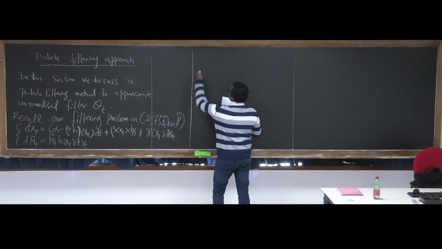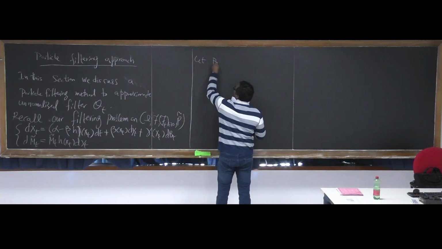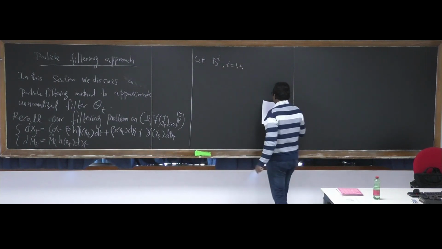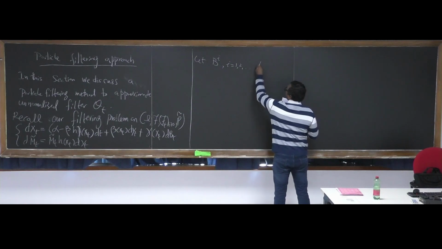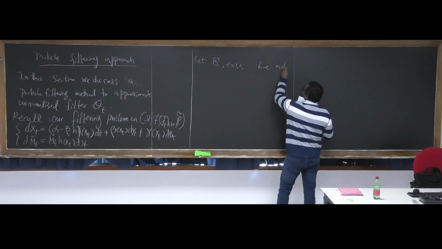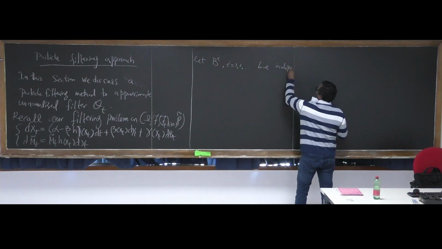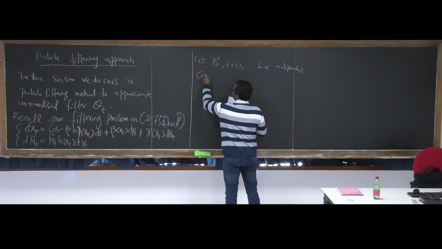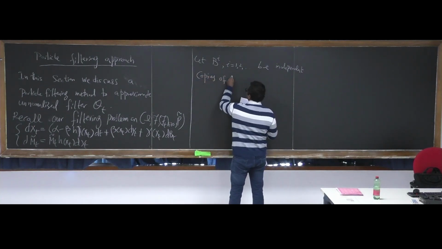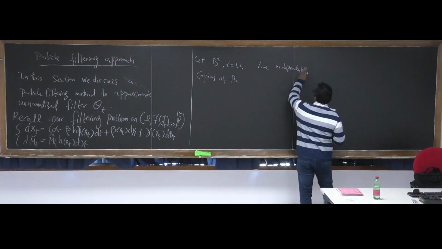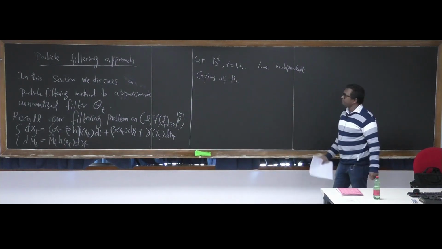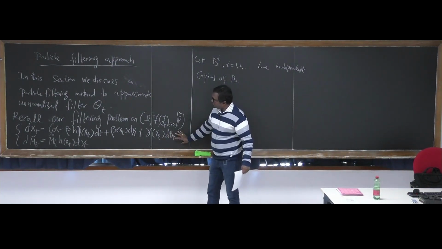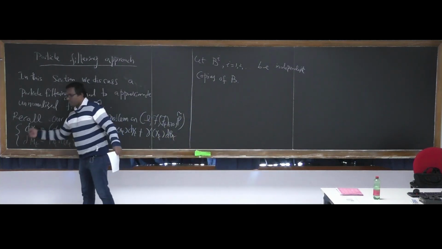Now, let B^i, where i runs from 1 to infinity, be independent copies of B, right? B is the Wiener noise associated with our signal process.